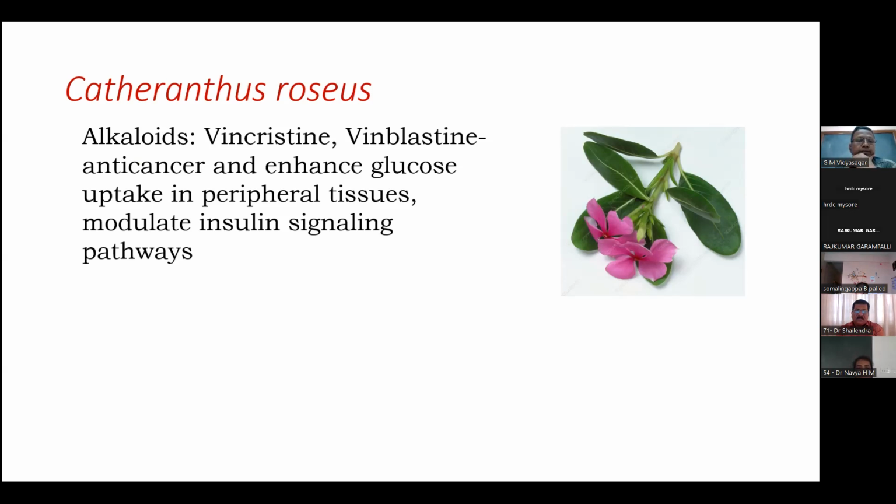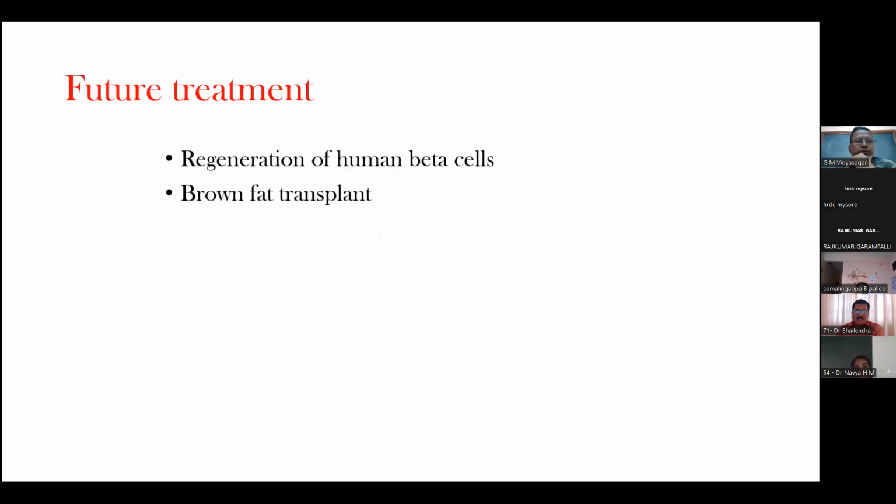And so now, in the future, in type 1 diabetes, the beta cells are getting destroyed completely. So no medicine is available, or no medicine is working on type 1 diabetes.